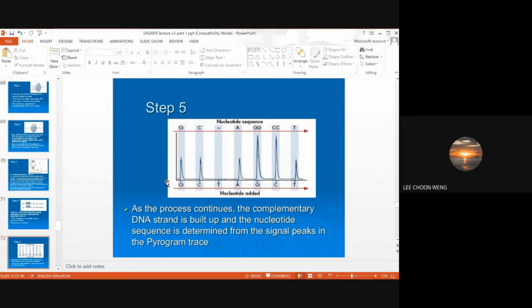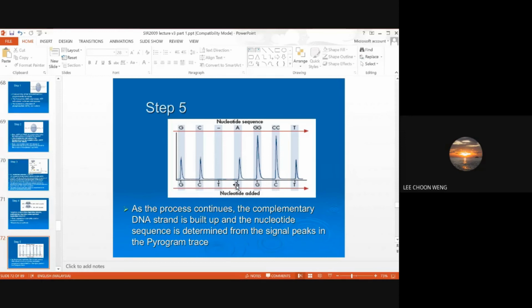You have to flush out the system and add a new one, C. If C is incorporated, add apyrase, degrade everything, remove all the enzymes, and add T. There's no T, it's not incorporated, but still, you have to add apyrase here, degrade everything, and add the next one. So this cycle continues.